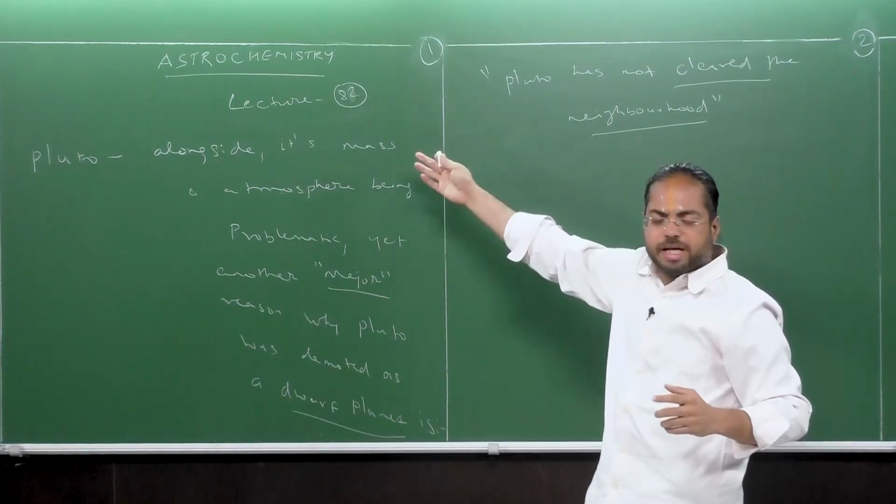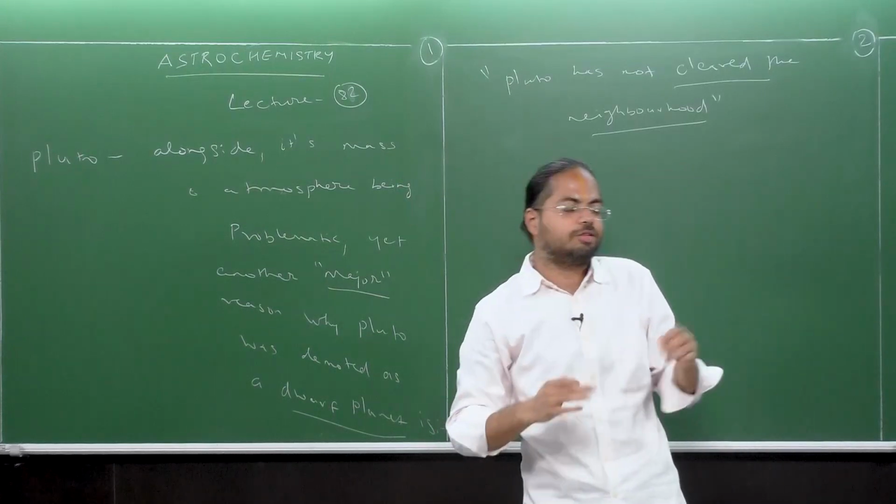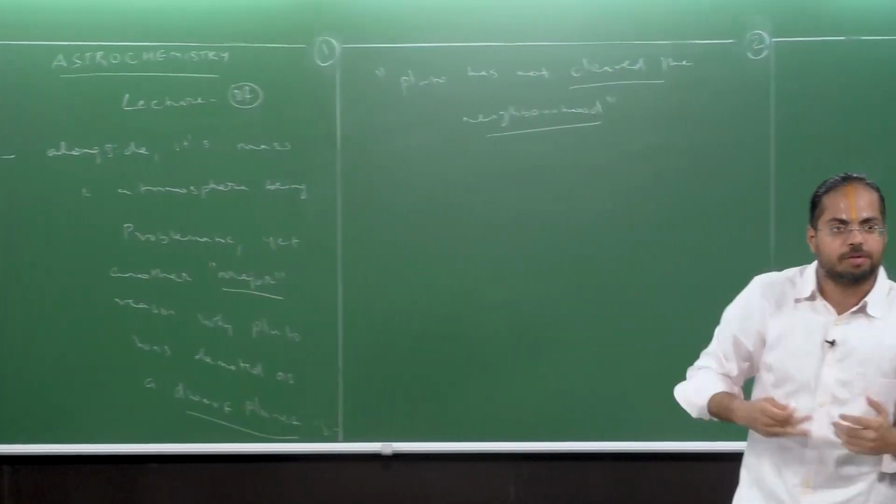I did mention in lecture 80 that the orbit of Pluto is susceptible to a lot of change. Why is that?